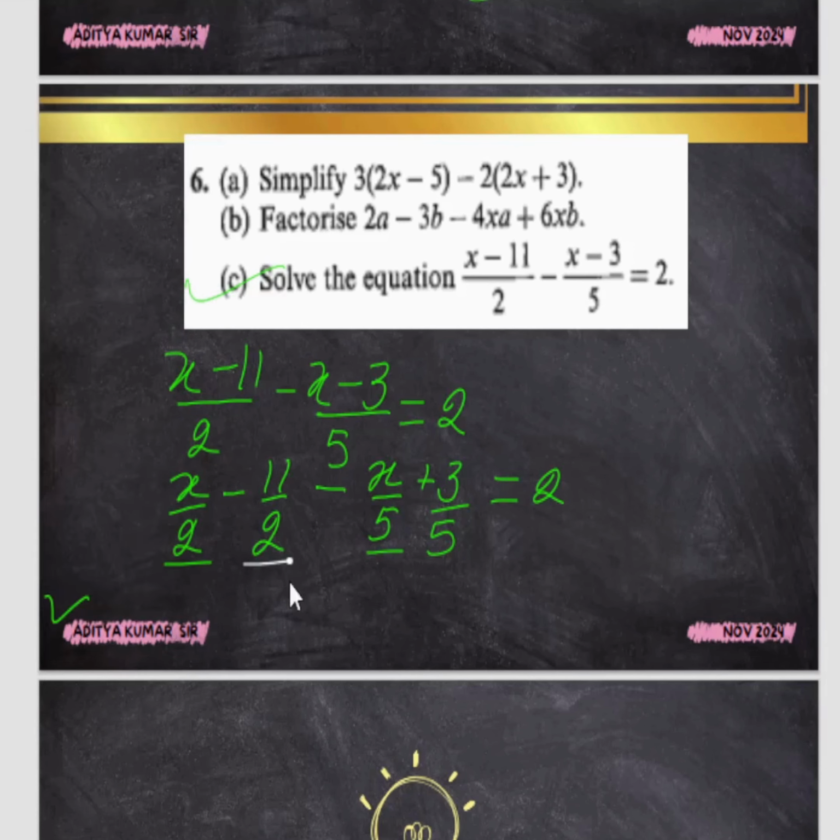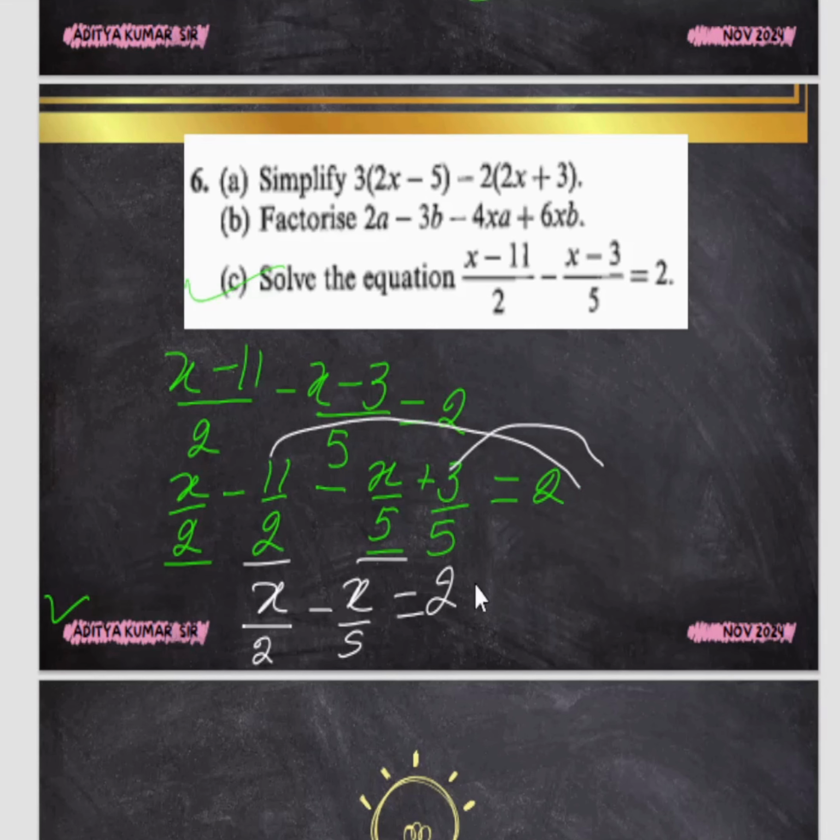Okay, so we are going to take the LCM of this x part and this x part. So x upon 2 minus x upon 5, and we are going to transpose this 11 part here and this 3 part here, both of them. So it will be plus 11 by 2 minus 3 by 5.